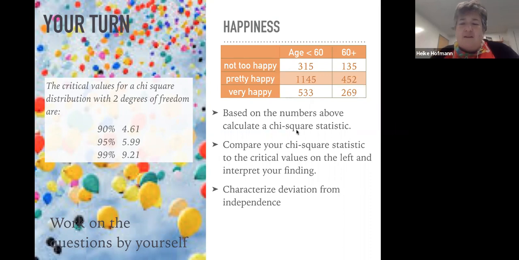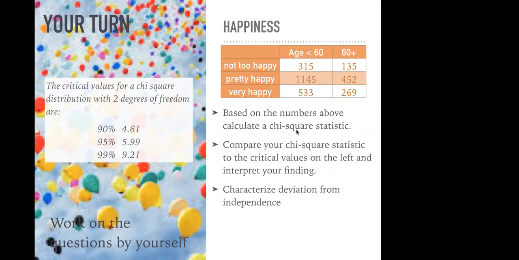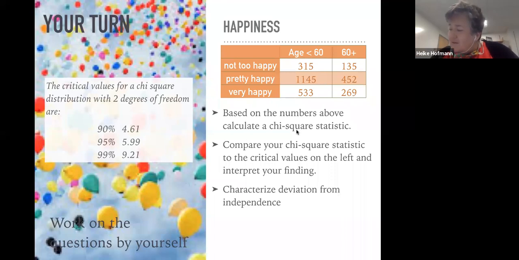So if my memory serves me right, we've got more people 60 plus reporting to be very happy than what we would expect, and fewer people under the age of 60 reporting that they are very happy.